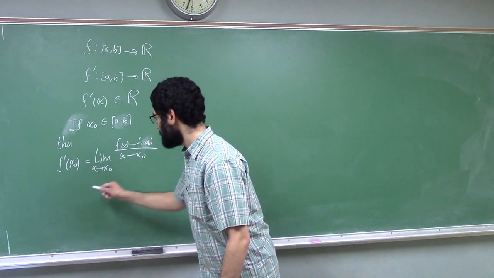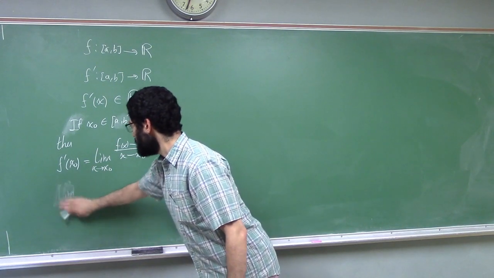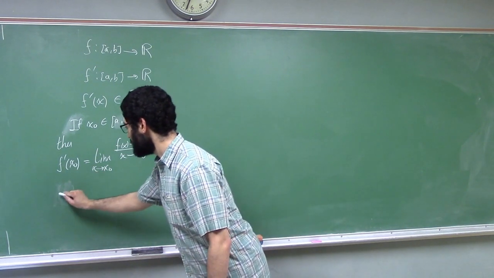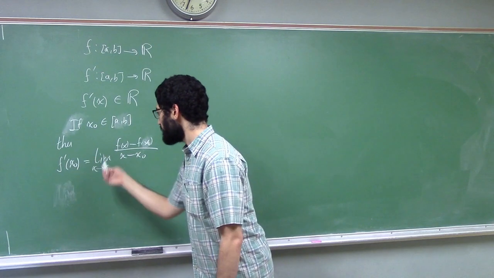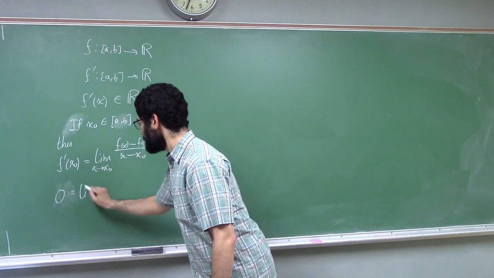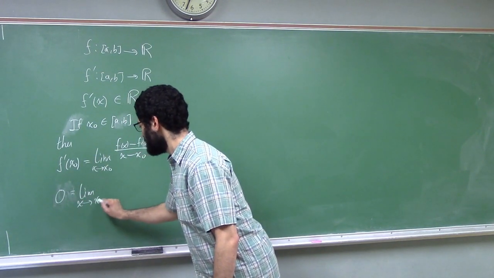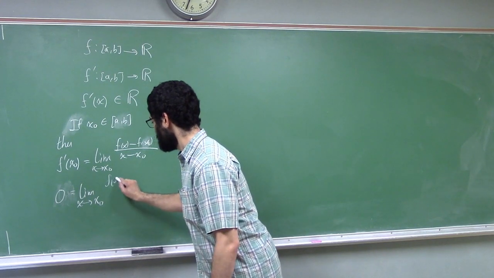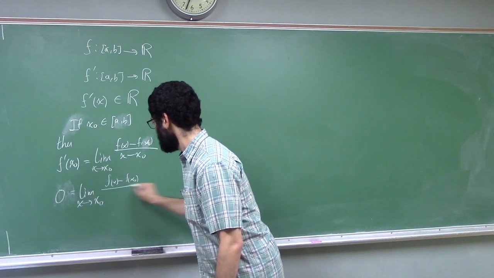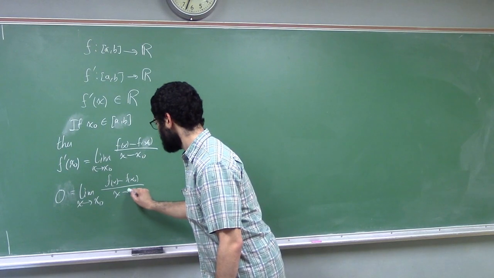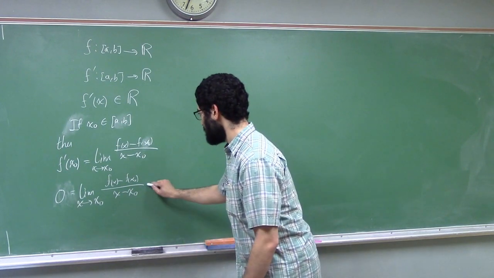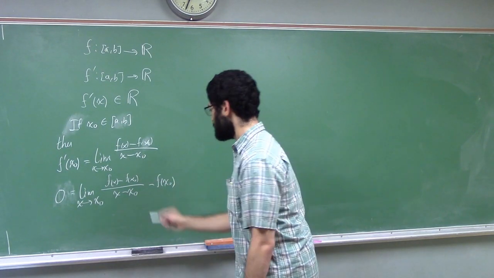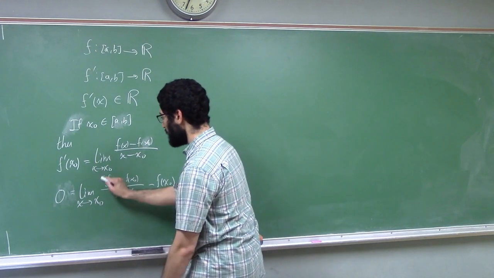So let me subtract f prime x naught to the other side. And this is just a constant as far as the limit is concerned. So let me just write it like this. Fx minus fx naught over x minus x naught, and then I'm just subtracting this to the other side, and I can include it in the limit.